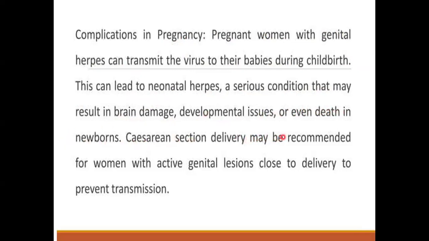Cesarean section delivery may be recommended for women with active genital lesions close to delivery to prevent transmission. So if you're pregnant and you have an active herpes infection, they usually do cesarean mode of delivery to prevent the mother-to-child transmission or vertical transmission.